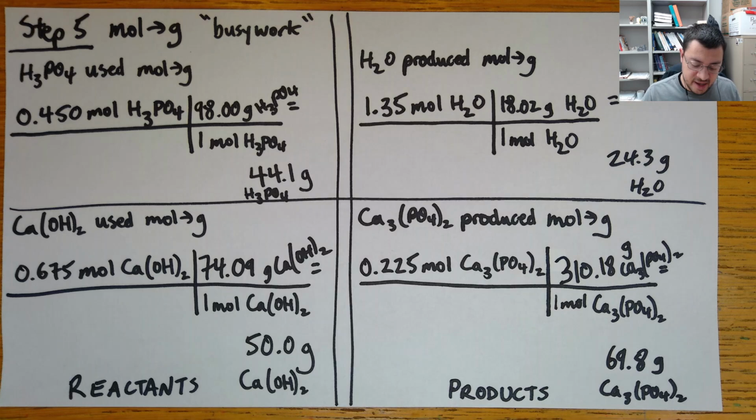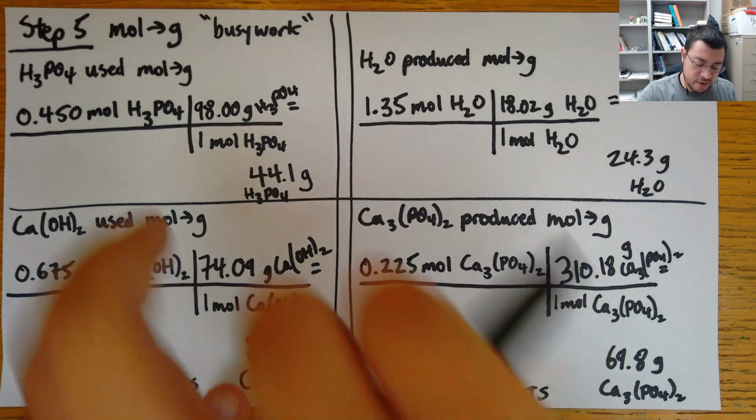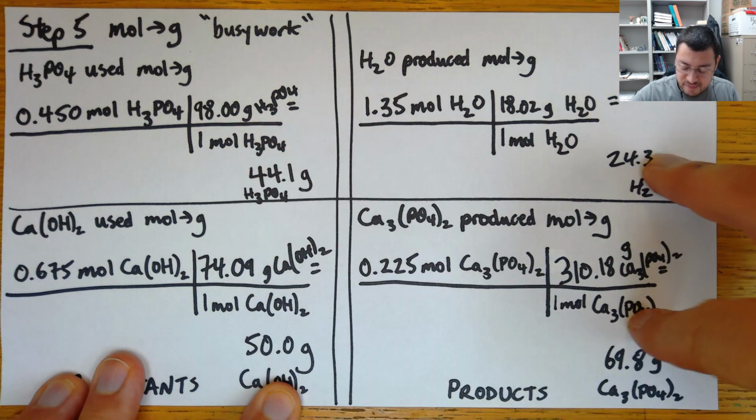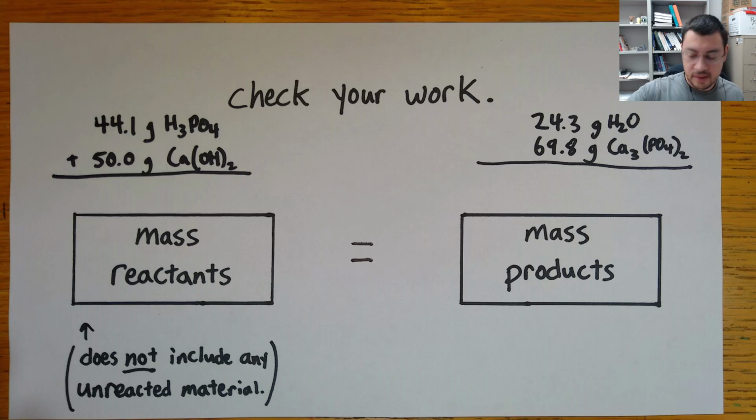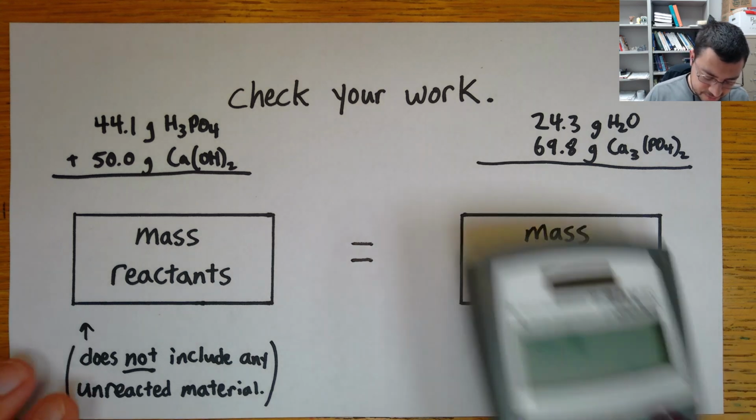That is to say, in chemistry, we don't create or destroy matter because chemistry is simply the subject where you just rearrange atoms. You're just rearranging bonding parts. So our reactant masses and our product masses should add up to the same exact thing. Let's confirm this together. All right, so checking our work.